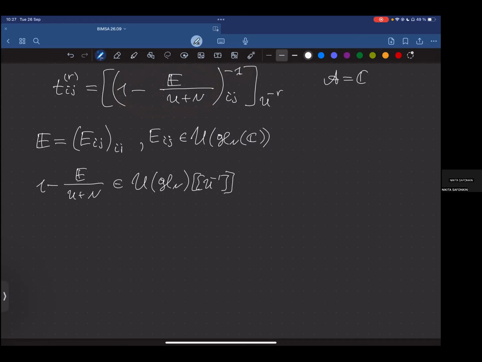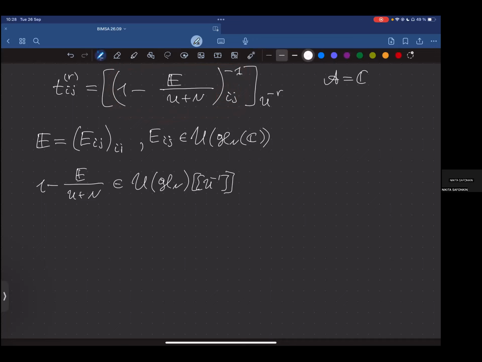And we expand this power series. And in fact, we can take its inverse. It's invertible. Then we obtain some matrix. We take the ij element of that matrix. So this is an element.